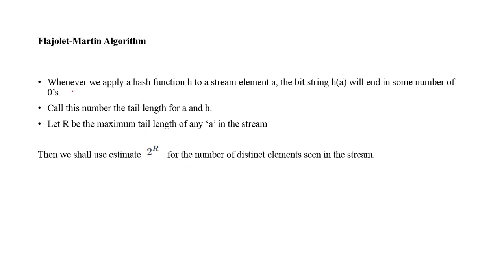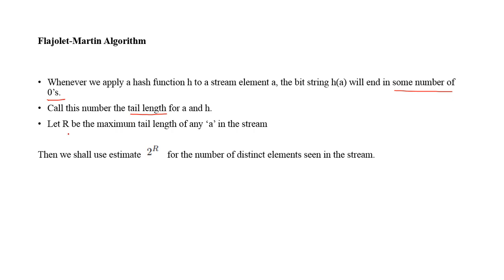Next algorithm, let us take the FM algorithm. The example of this we already covered in our regular lecture. Whenever we apply any hash function h on a stream element, it gives some number of zeros, and that count of zeros is called the tail length.